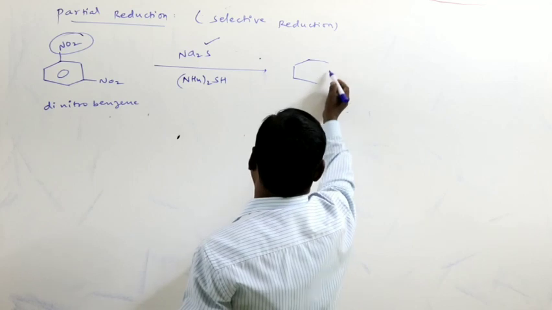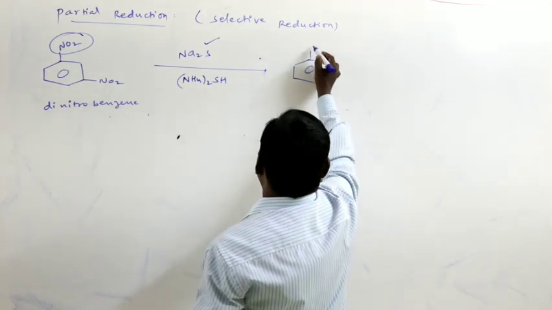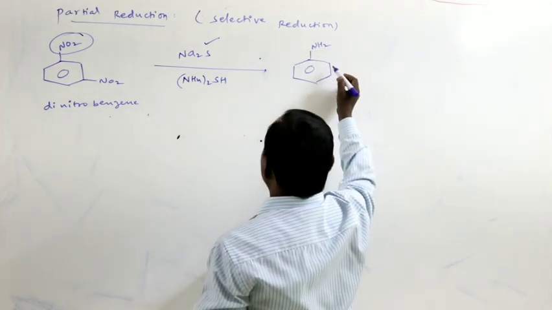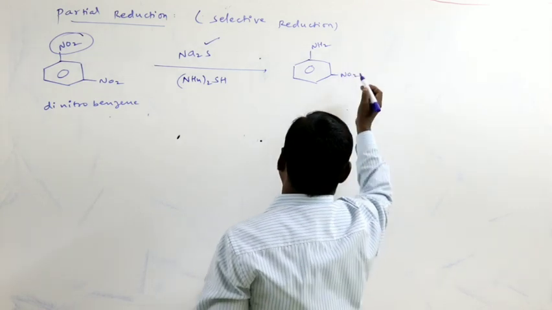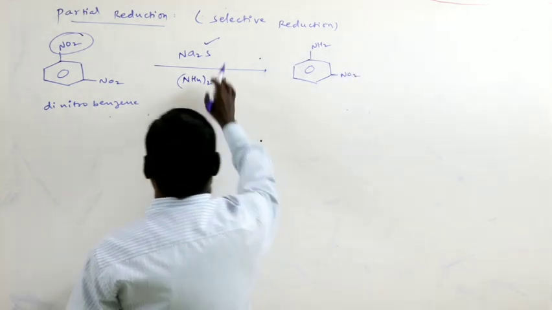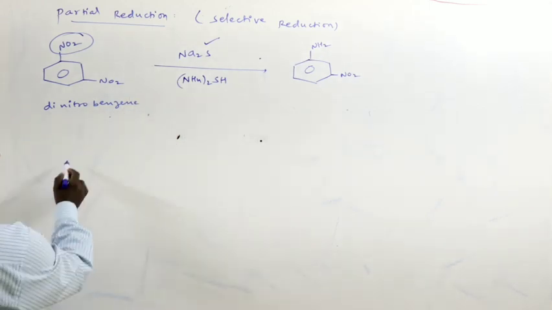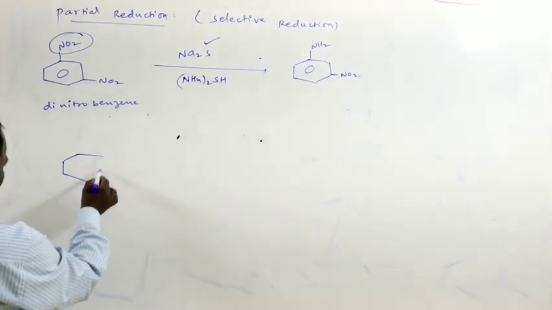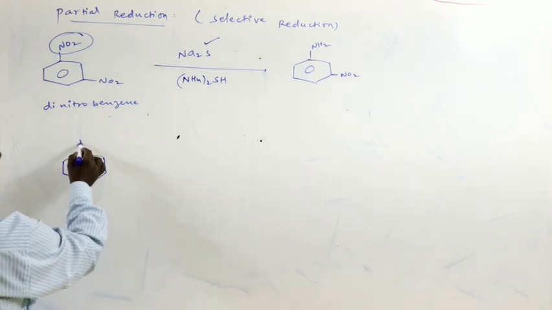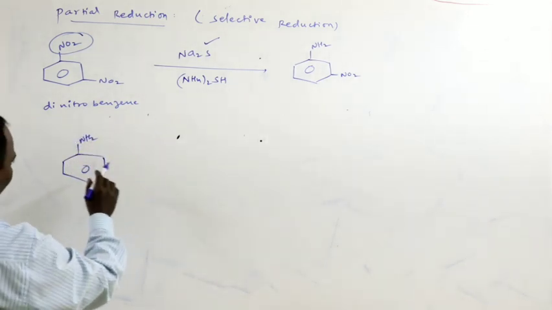Okay, this is called NH2 and NO2. In the presence of sodium sulfide, Na2S, preferentially only one NO2 group is reduced into an amine group.